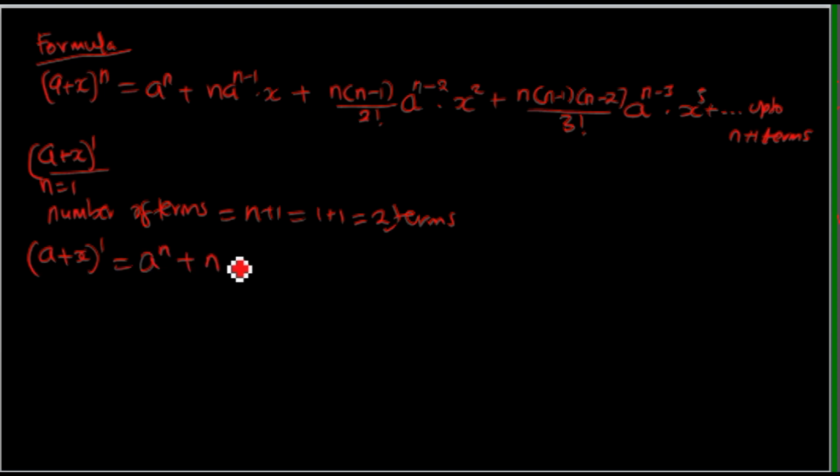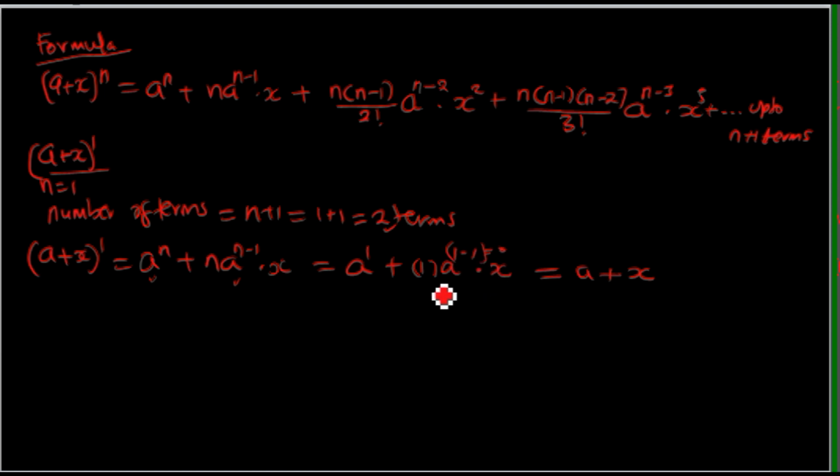So these are the only 2 terms, from which if you substitute for n, you shall have a power 1 plus n, which is 1, multiplied by a power n minus 1, that is 1 minus 1, and then multiplied by x, and that gives us a plus x, because 1 minus 1 is 0, so a power 0 is 1, times 1 is still 1, so we shall have a plus x.